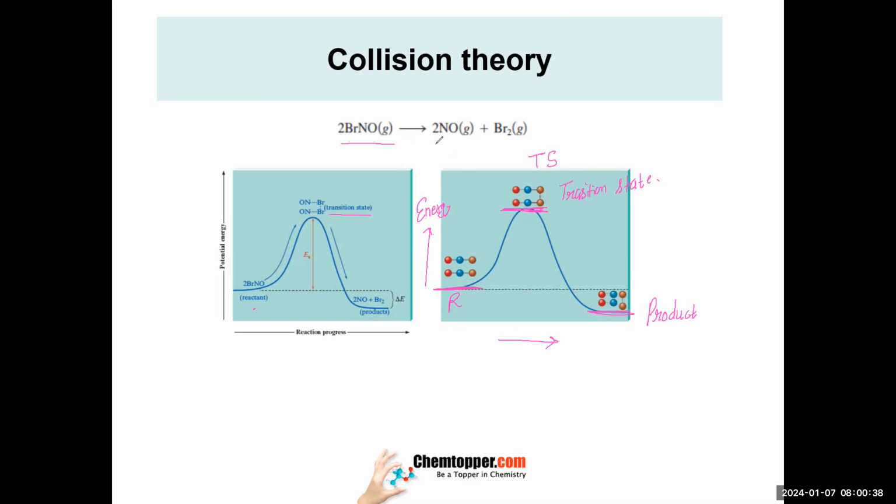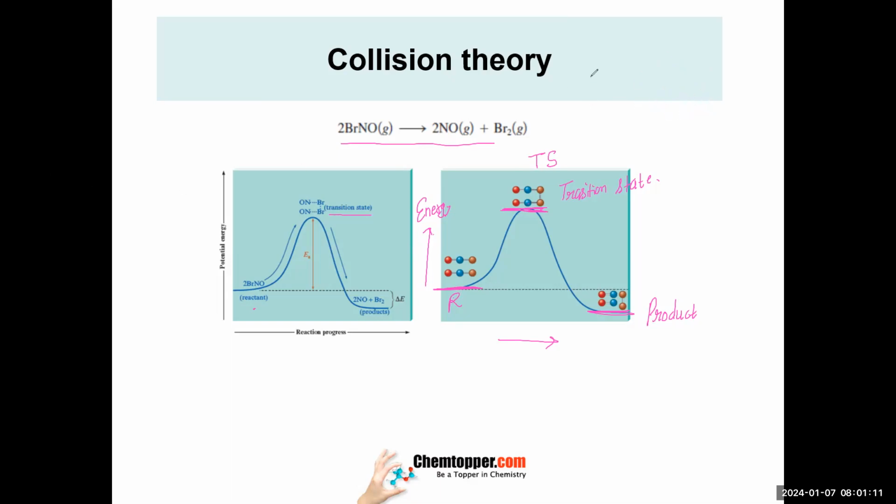Look at the reaction. BrNO colliding with BrNO. If they are colliding like this, then don't you think that you can get the product? If the collision is like this. Okay, let me show you the other way around. Let's make it the other way around.